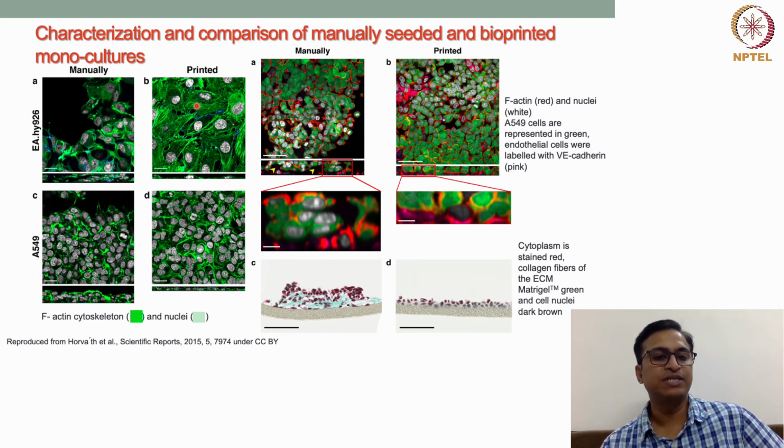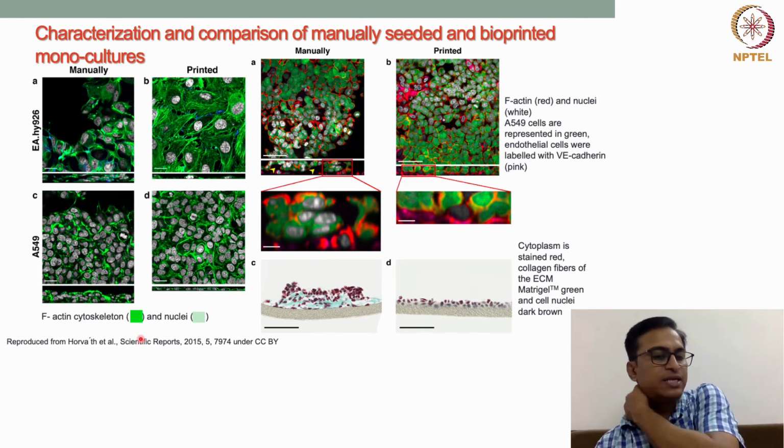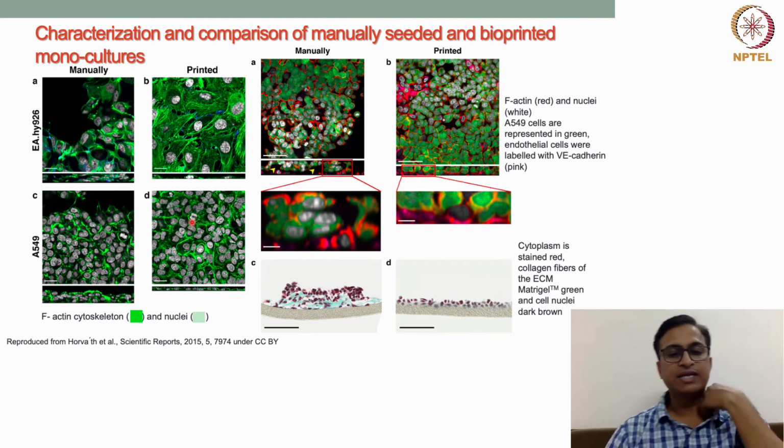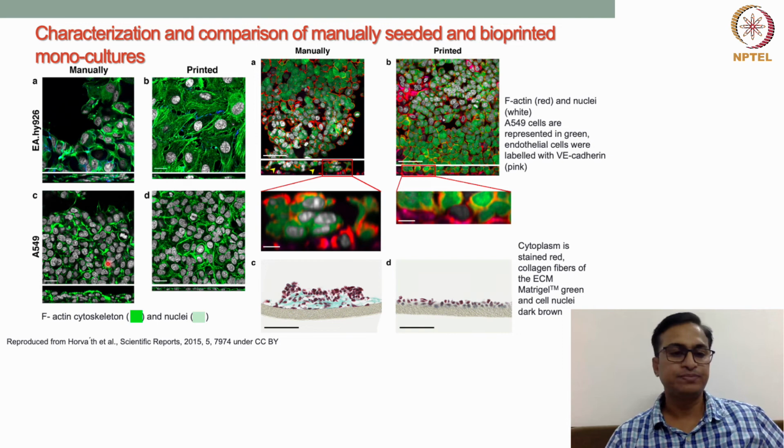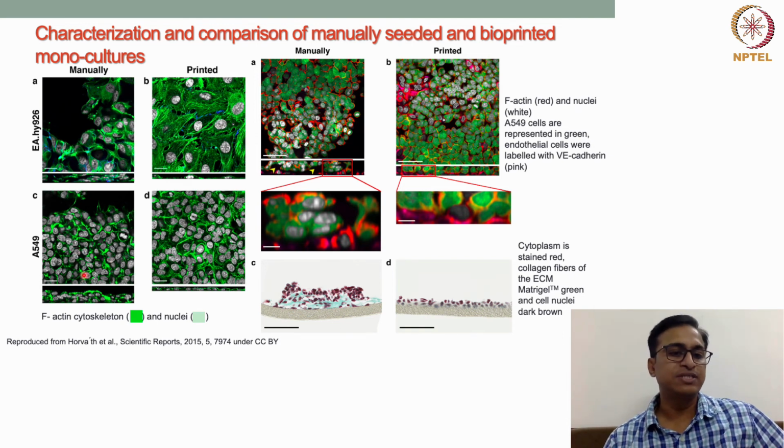But in the printed case, the endothelial cells form a continuous monolayer structure, where the green color is the F-actin cytoskeleton and the white is the cell nucleus. For both endothelial and epithelial cells, when the cells are printed, they form a continuous monolayer, but in the manual case they do not.